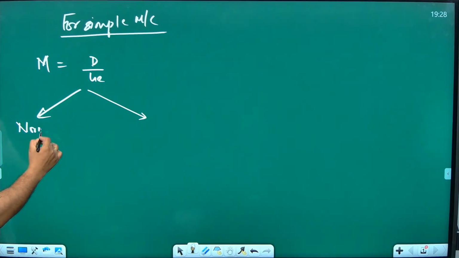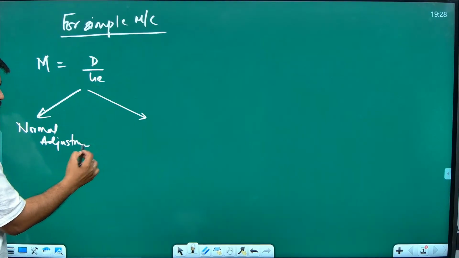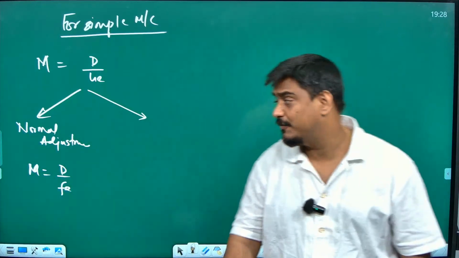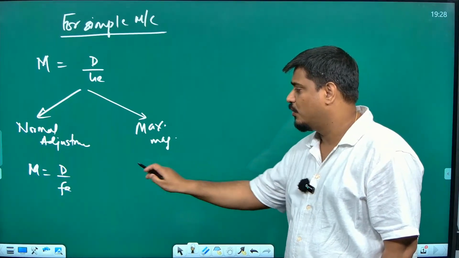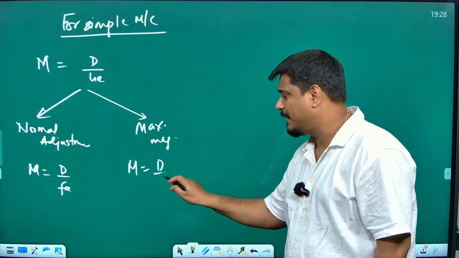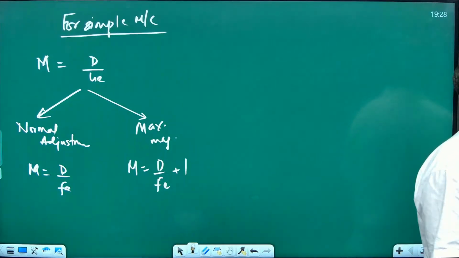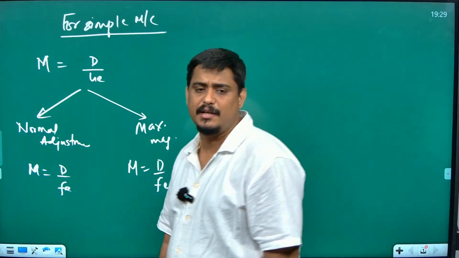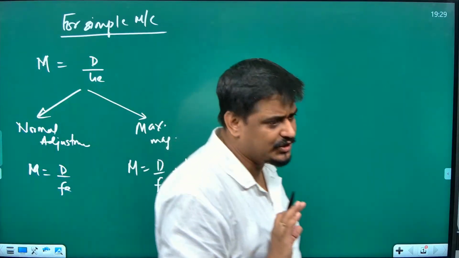For normal adjustment, you got magnification is equal to D by FE. And for maximum magnification, you got the formula of magnification as D by FE plus 1. If it is D by FE plus 1, it is for maximum magnification. If it is D by FE, it is for minimum magnification, also called normal adjustment, relaxed eye condition.